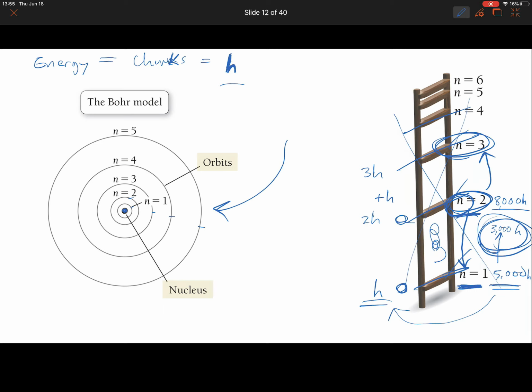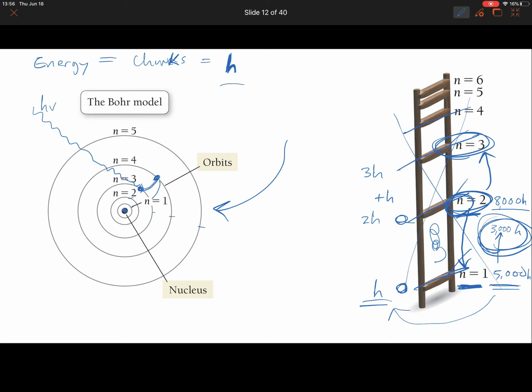Let's try to imagine that. You're an electron hanging out at n equals 3. You want to jump up to n equals 4, so you've got to gain some energy. What if there was a specific frequency of light that had the exact energy that you needed? That would give you the energy you needed to jump, and now you've jumped up. But now you're an excited electron that's in a higher energy than it wants to be, so you want to relax again.